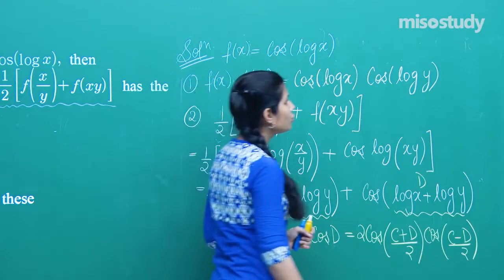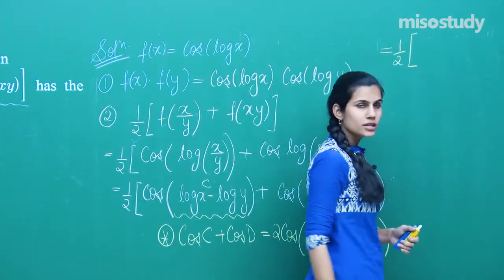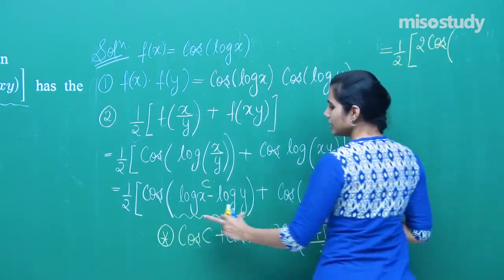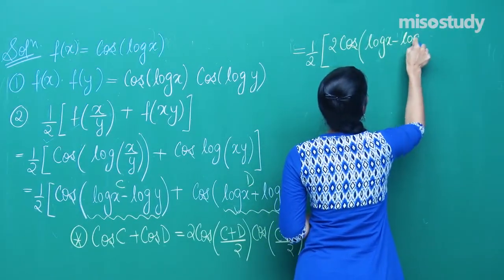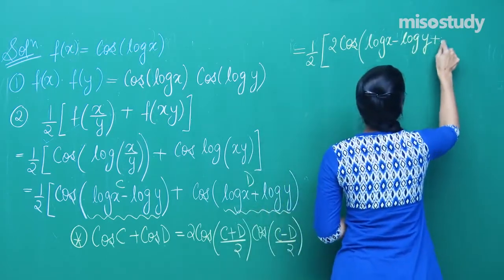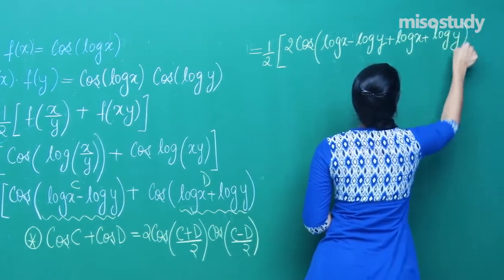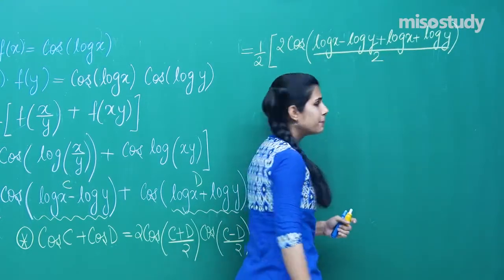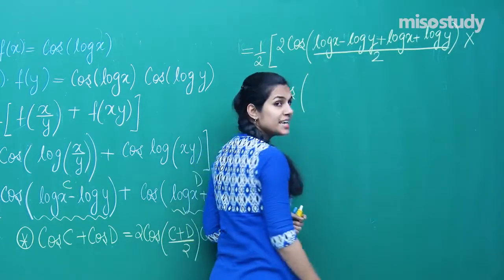You have 1 by 2 cos c plus cos d, which is 2 cos of c plus d by 2. Now this is c, so you have log x minus log y. C plus d, d is this, which is log x plus log y, divided by 2, multiplied by cos of c minus d.